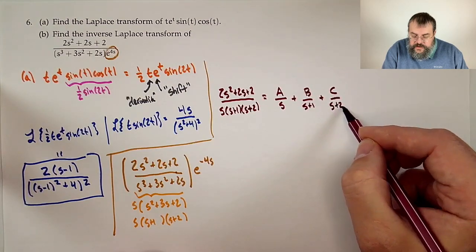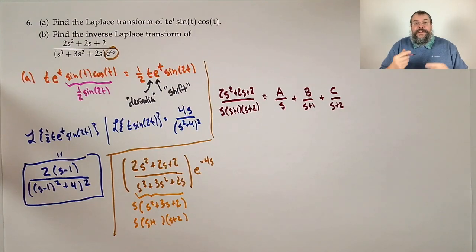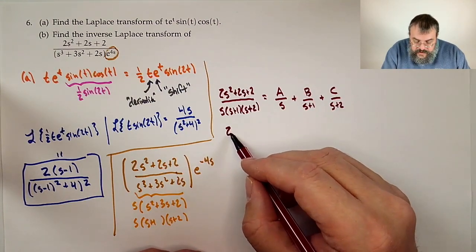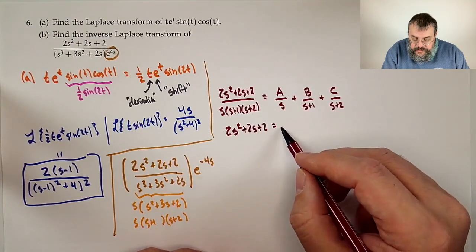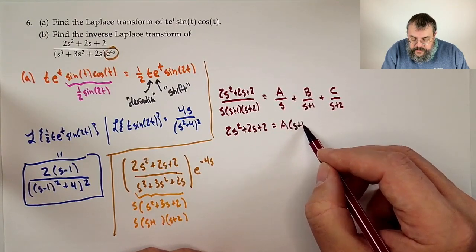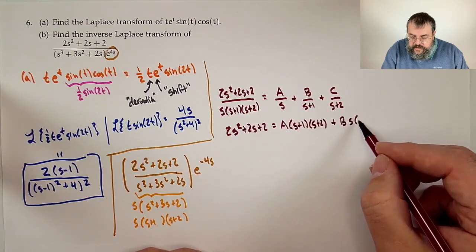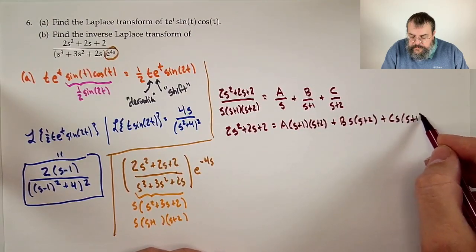Like I said, there's no repeated roots. Make sure you know how to handle repeated roots. There's no irreducible quadratics. Make sure you know how to handle those. But in our case, this is what we have, very nice and clean. Clear your denominators. 2 times (s squared plus 2s plus 2) equals a times (s plus 1) times (s plus 2), plus b times s times (s plus 2), plus c times s times (s plus 1).